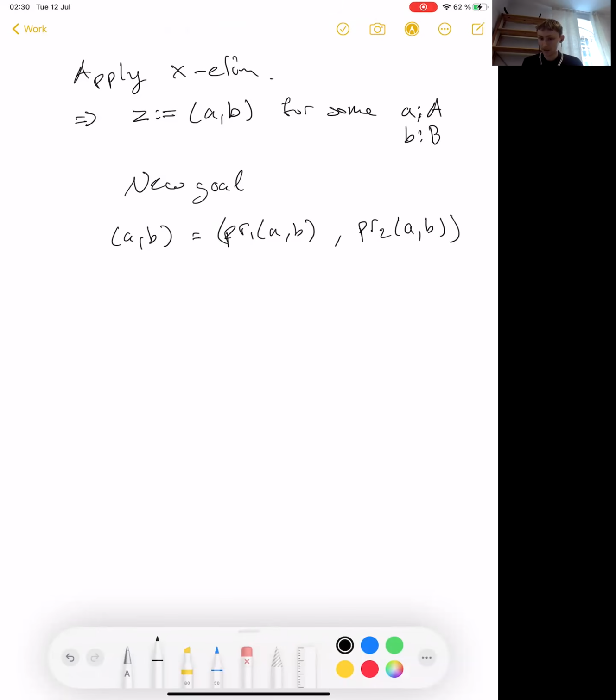But I just got a nice comment stating the fact that PR1 of AB, by the computation rule for products, which I didn't introduce, but it's actually just the computation rule for sigma types, because we defined the product to be sigma types, is literally just A. And PR2, we didn't define PR2, but I promise you, since you're doing the exact same thing, it's completely symmetric, this is literally just going to be B. So this is definitionally equal to A and B. So our new goal is just proving that A comma B is equal to A comma B. And what do you know?